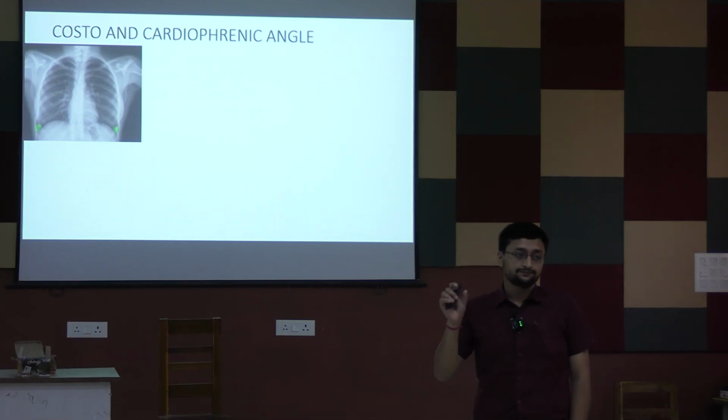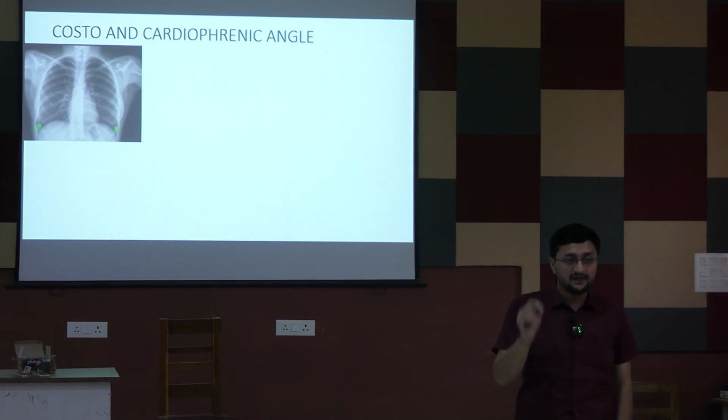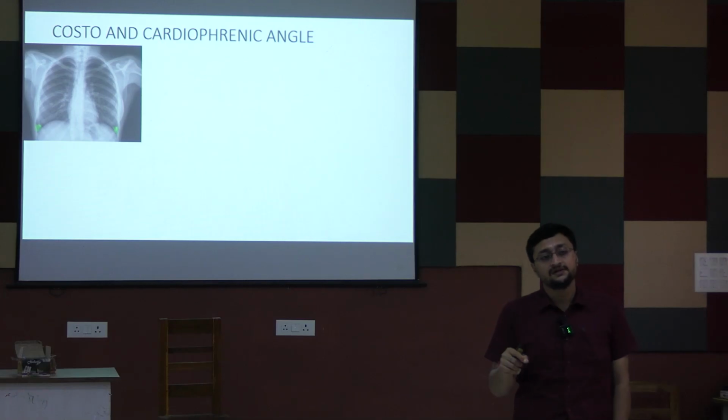This is the primary X-ray finding, blunting of both the CP angles. So how much fluid should be present to blunt the costophrenic angles? I taught pleural effusion in class last year. 175 to 200 ml is sufficient to blunt the CP angles.